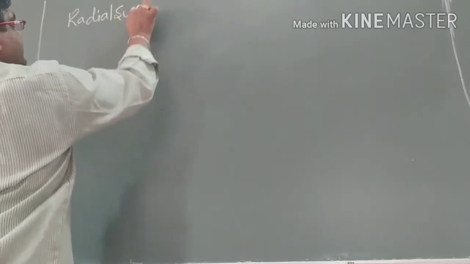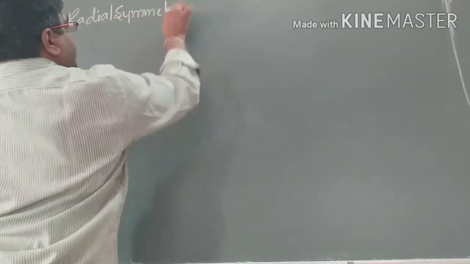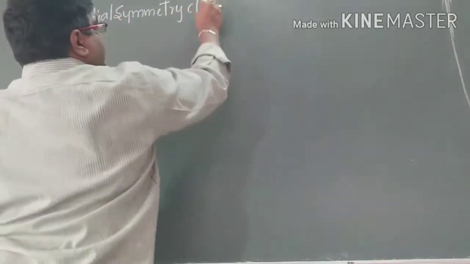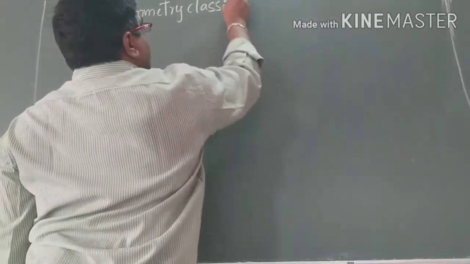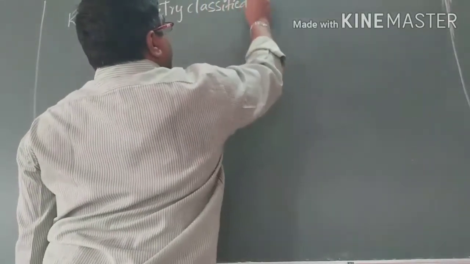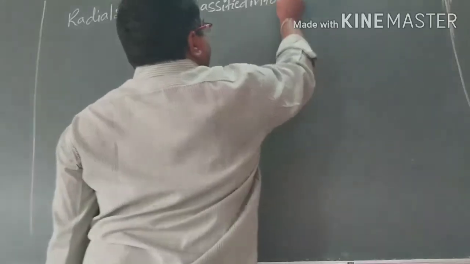The radial symmetry is classified into three types.